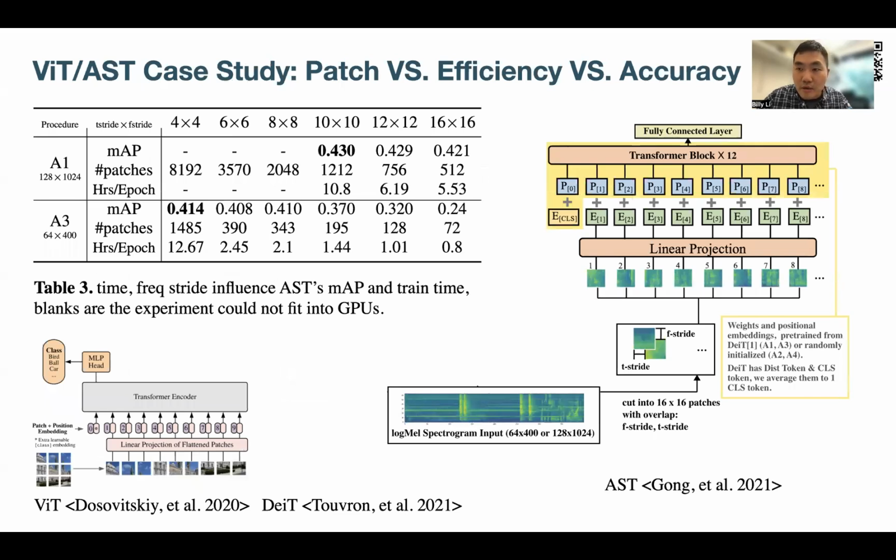We want to understand a little bit more about ViT and so-called audio spectrogram transformers. So we did a case study on the number of patches by tuning the frequency stride and the temporal stride. As we can see, the number of patches grows quadratically with the F stride and T stride parameters, and it reaches a sweet spot beyond 500 patches.